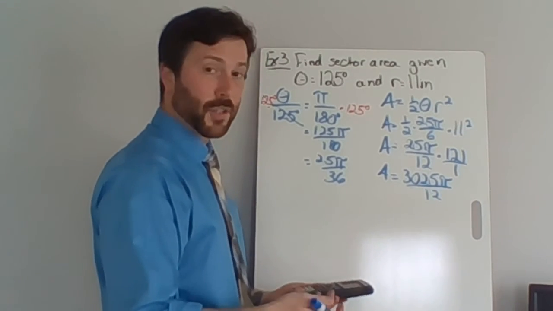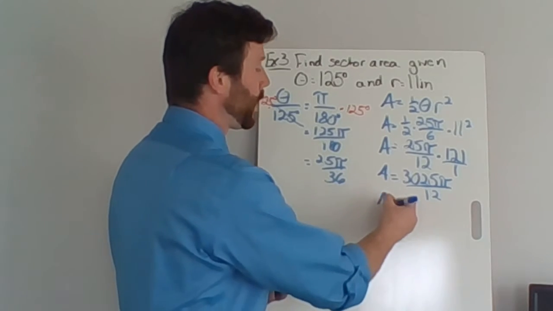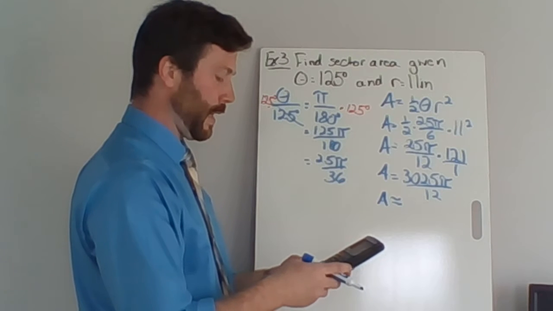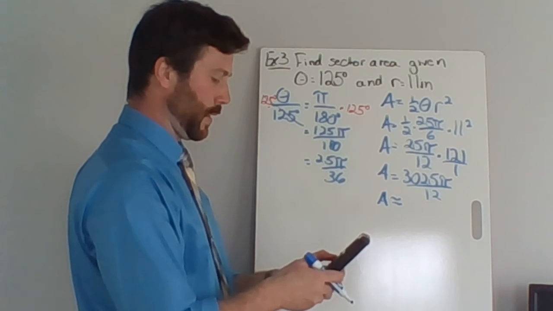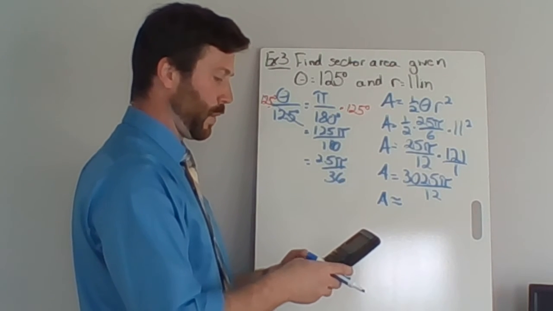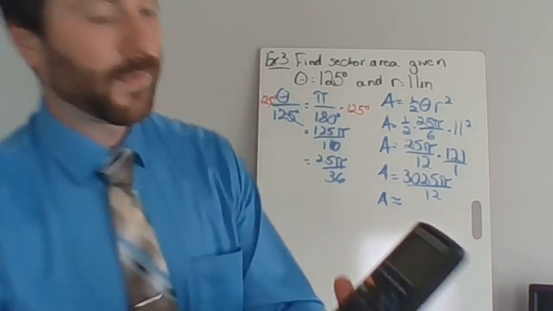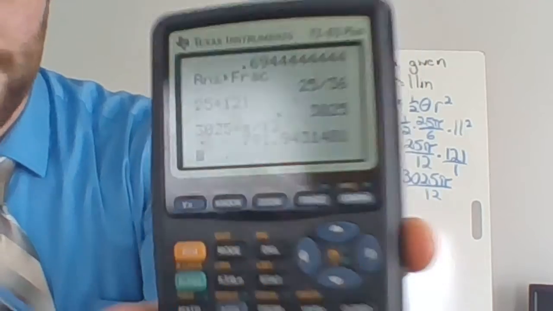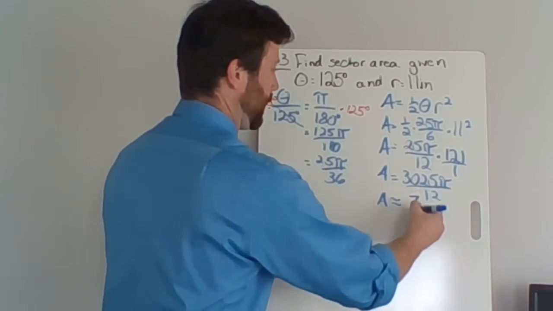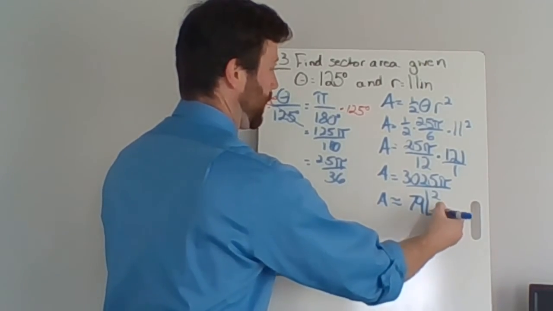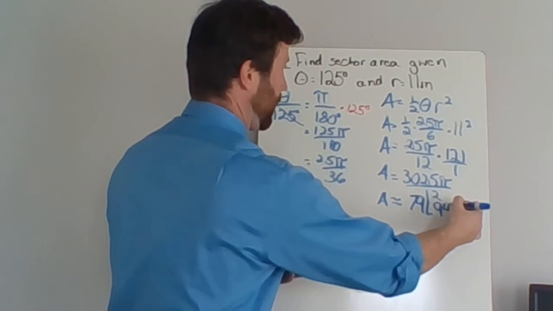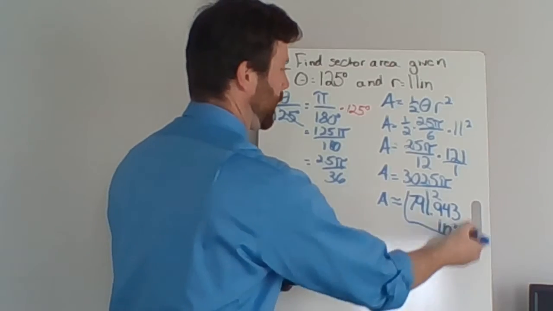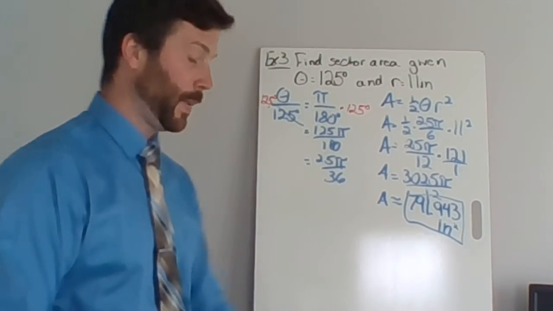Okay, now that fraction is not going to reduce, but if we do want a decimal approximation, we can go to the calculator, do 3,025 times pi divided by 72, and get about 131.99. And that is square inches. Okay, and there we go.